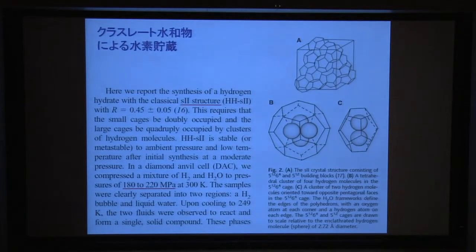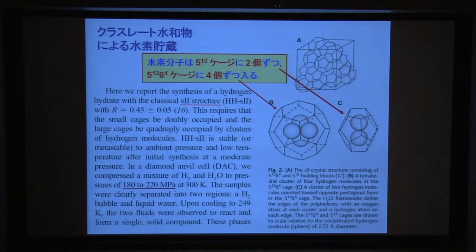And in 2002, the group in Chicago published that hydrogen can be stored like this. But then they have to apply 2,000 megapascals, so it's quite high, and it would not be feasible in a practical way.